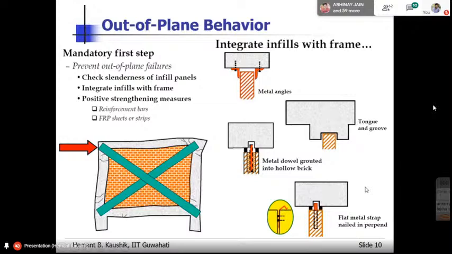Similar to this, instead of the metal angles, we can have steel flats which are inserted into the wall, and then one part is anchored to the columns or the beams. So there are different methods people follow in trying to prevent the out of plane collapse.